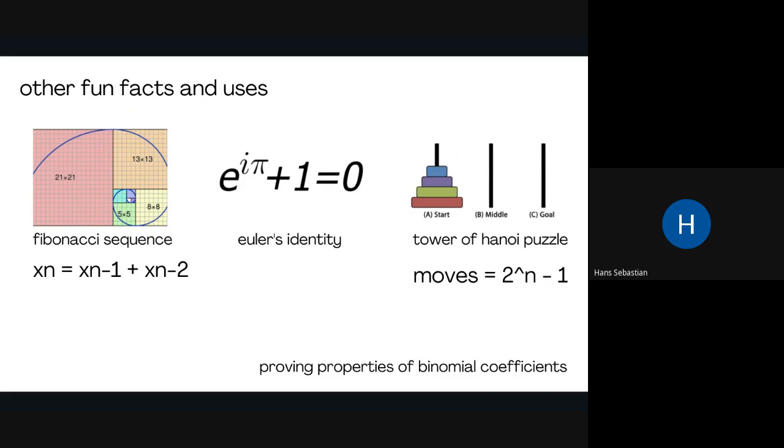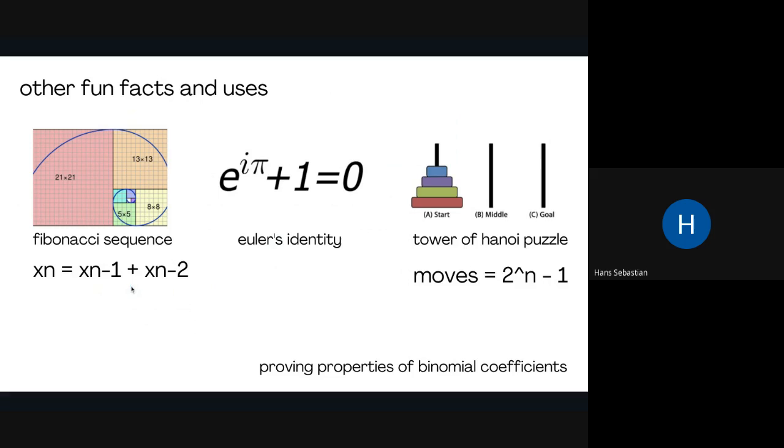So here are some uses of mathematical induction, mostly in math. So you have the Fibonacci sequence, which is expressed by this formula here. It basically says that the nth Fibonacci number is the sum of the two numbers preceding it. So n would be the sum of n minus 1 and n minus 2.